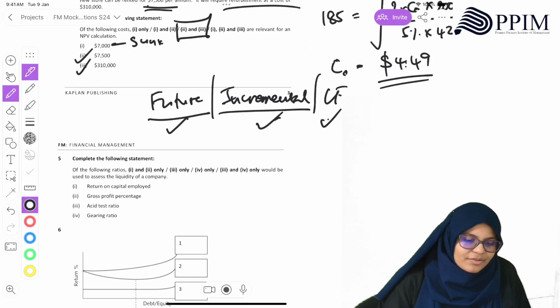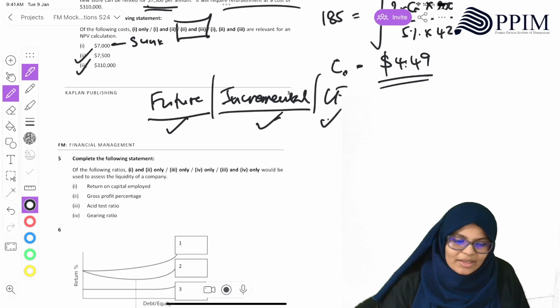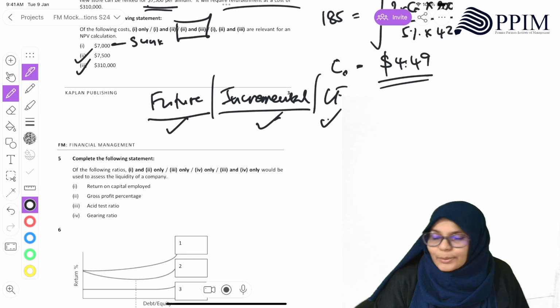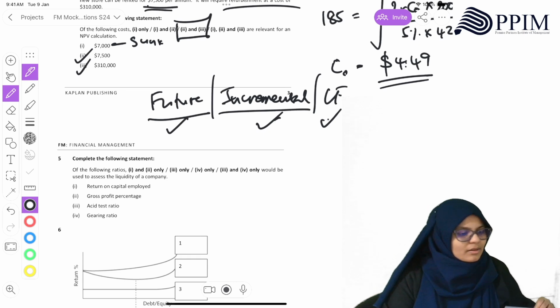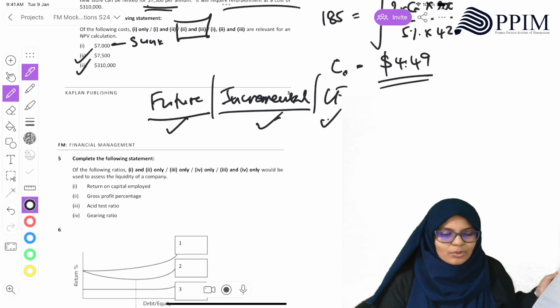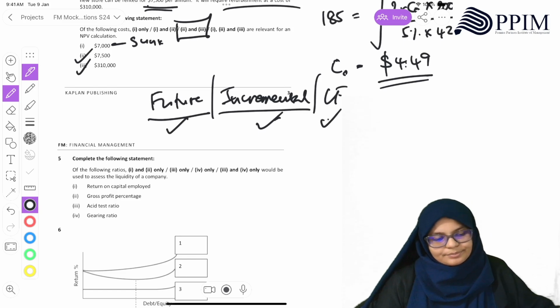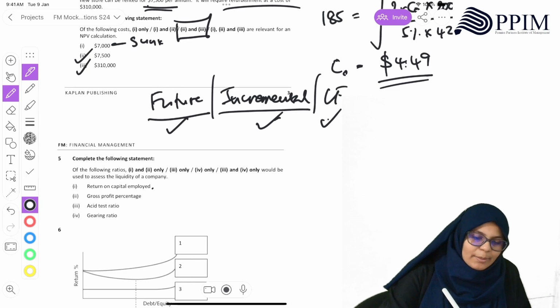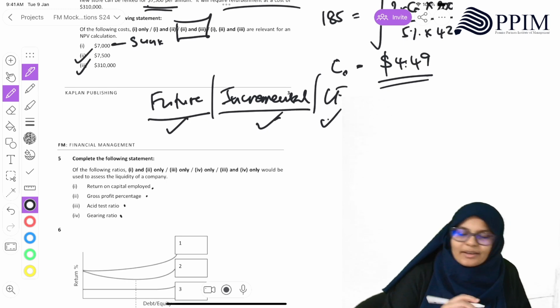Okay. Fifth is saying complete the following statements of the following ratios, and they are giving you the options which would be used to assess the liquidity of a company. Take a look. What do you think talks about liquidity? So we have return on capital employed, gross profit percentage, acid test ratio, and the gearing ratio.